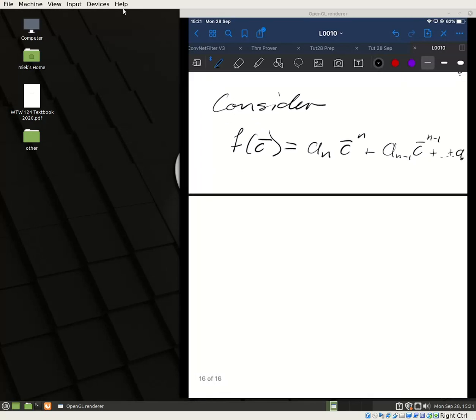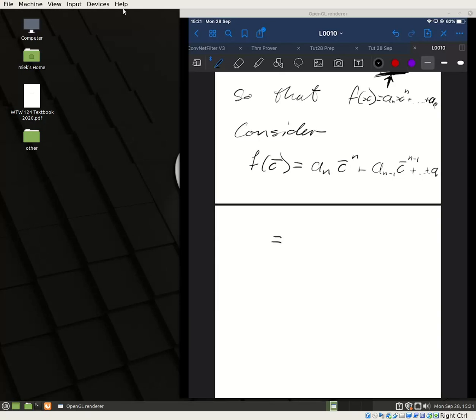But now since these ai's are real numbers, this is equal to the complex conjugate of these numbers. So since a0, a1, etc. up to an are real, if we take the complex conjugate, nothing changes. So let's do that. The conjugate of an minus 1, times the conjugate of c to the power n minus 1, etc. up to a0.